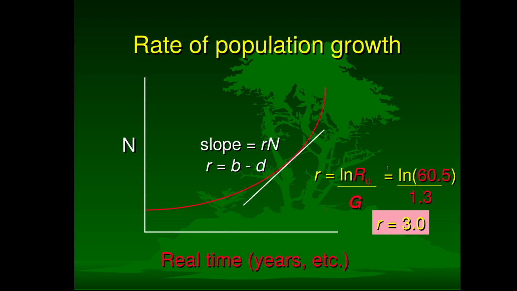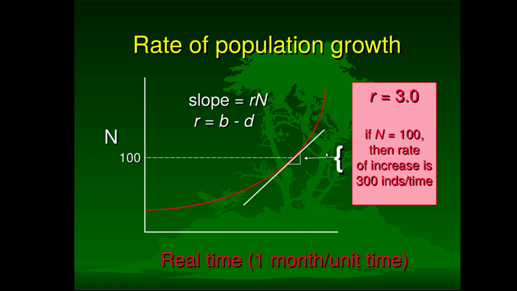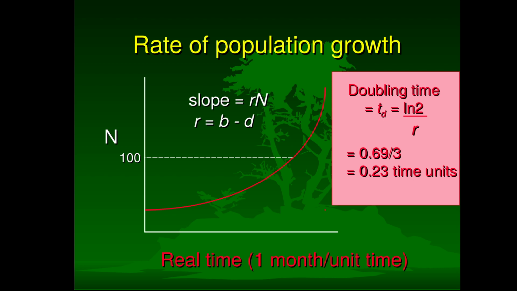So if n equals 100, the population size is 100, then the instantaneous rate of increase of the population as a whole would be 300 animals per month. That's a pretty big increase rate. So we can use this to calculate our doubling time, t sub d, which is equal to the natural log of 2 divided by little r.